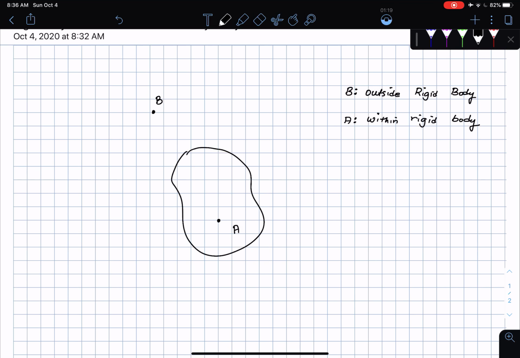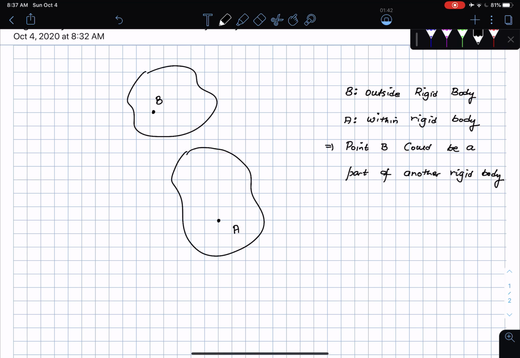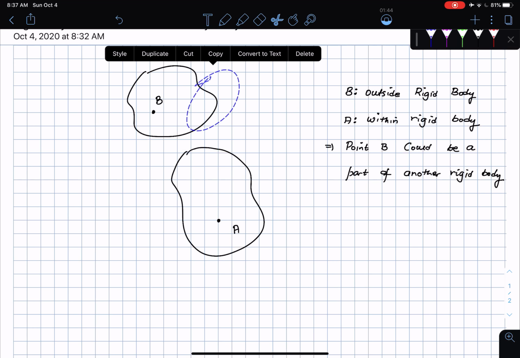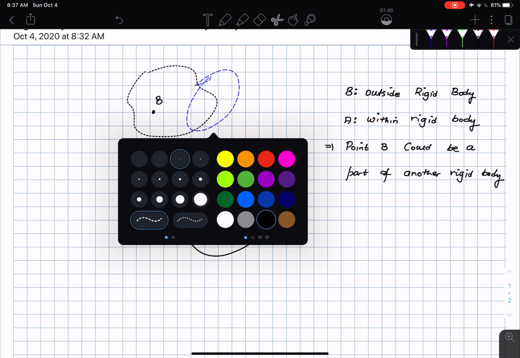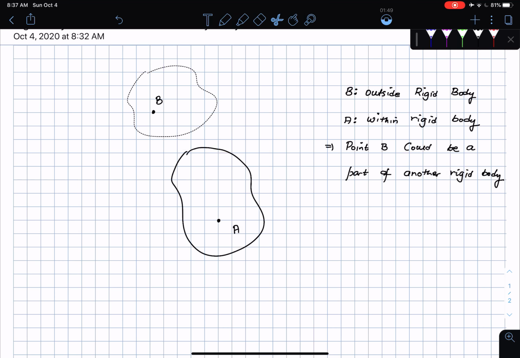And this essentially means that B could be a part of another rigid body. So for example, if I drew something of that kind, maybe in dotted lines, B could be a part of another rigid body. I'm interested in the motion of this body A.